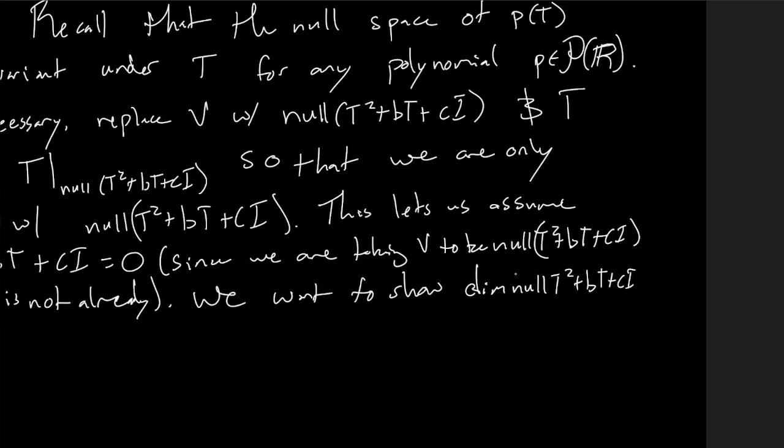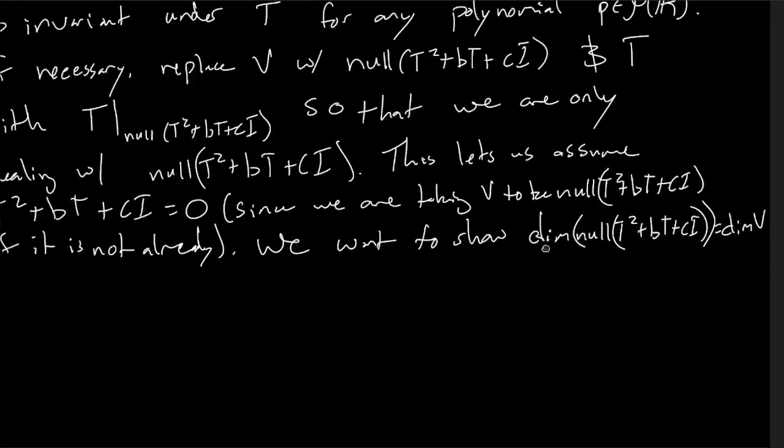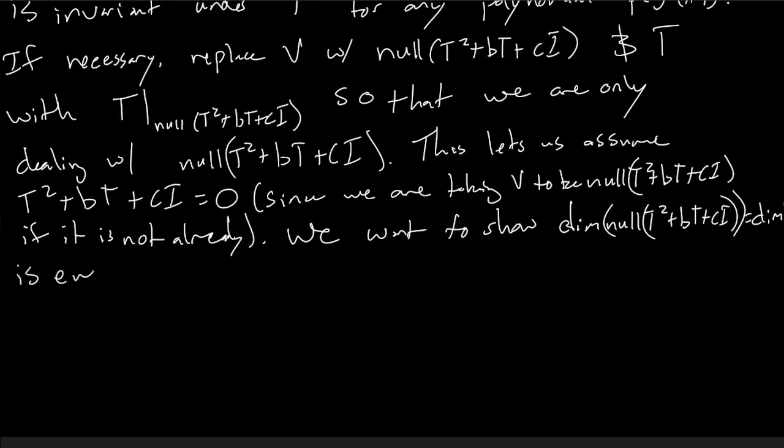We want to show the dimension of the null space of T squared plus bT plus cI, which we're saying is the dimension of V, is even. Okay, to do this, suppose lambda in the field, which is R, and v in V is such that Tv equals lambda v.